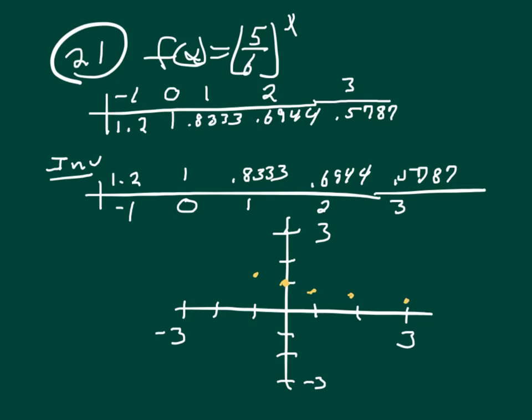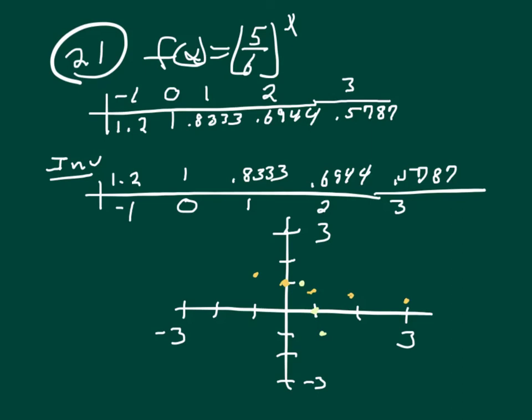Now, let's use a lighter yellow. On the other, when I'm at 1.2, I'm at negative 1. When I'm at 1, I'm at 0. When I'm at 0.8333, I'm at 1.